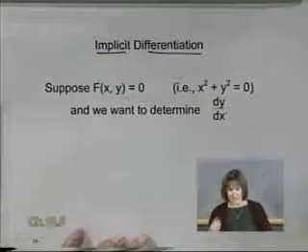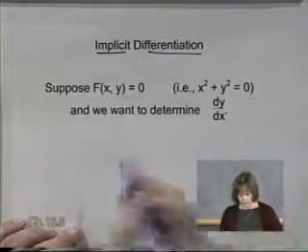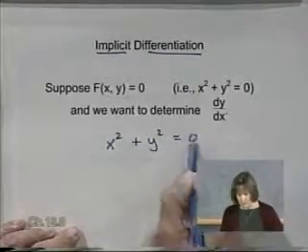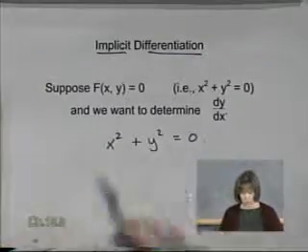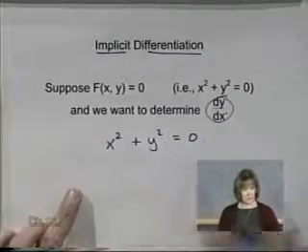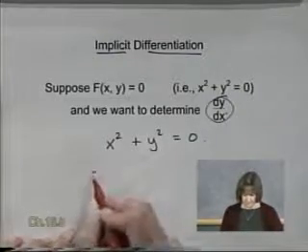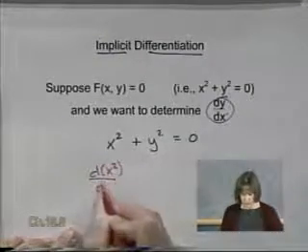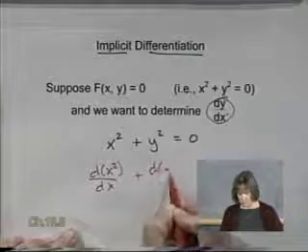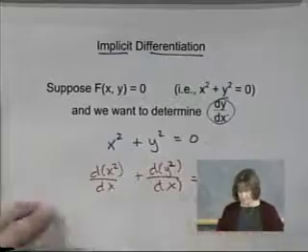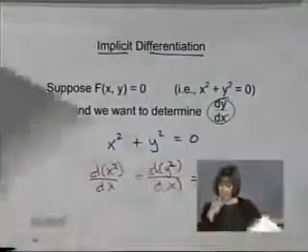Back in your Calc 1, let's just review. The way we did it is if you had x squared plus y squared is equal to 0, and you wanted to figure out dy/dx, you differentiated both sides with respect to x. You differentiated x squared with respect to x, and you differentiated y squared with respect to x. You might remember doing that.